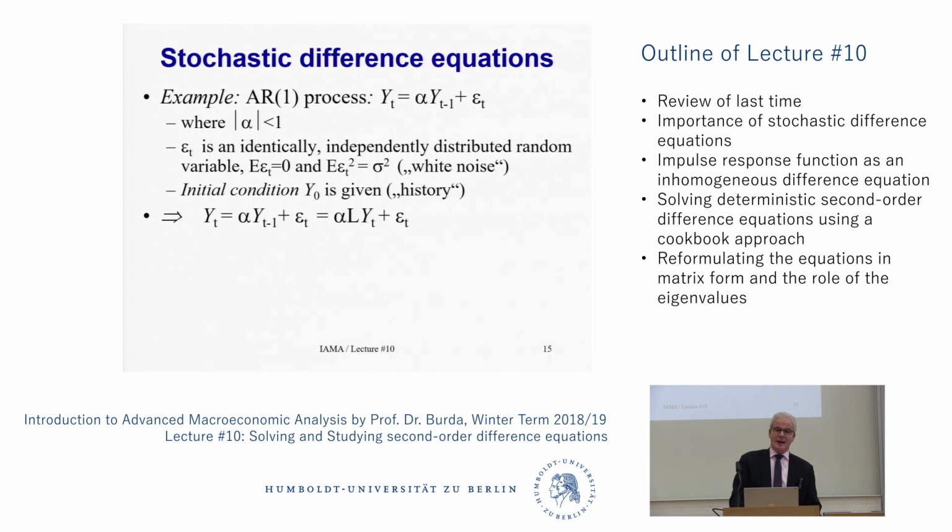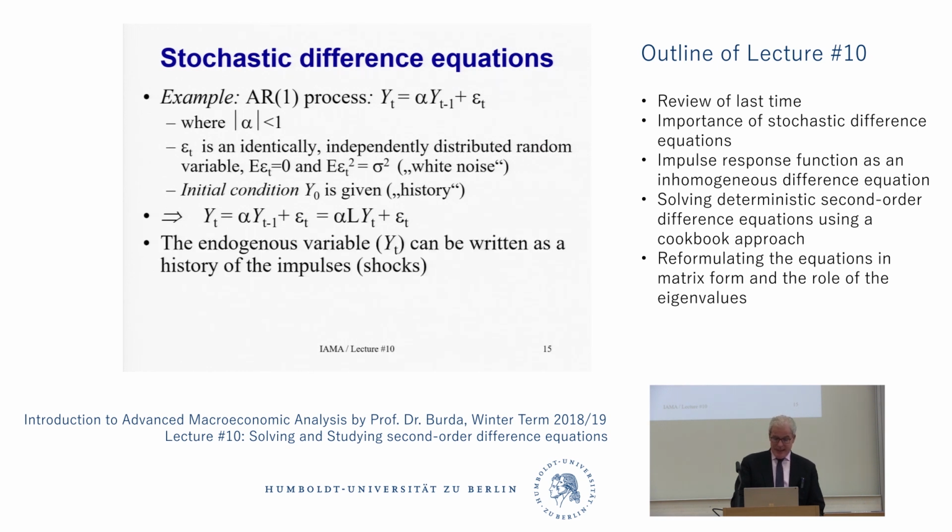Okay, so look what I do with the lag operator. I'm going to substitute L times y_t for y_{t-1}. That's trivial. That's what the lag operator does. I'm going to now show you that this endogenous variable actually depends on the whole history of epsilon, not just this current period's epsilon.